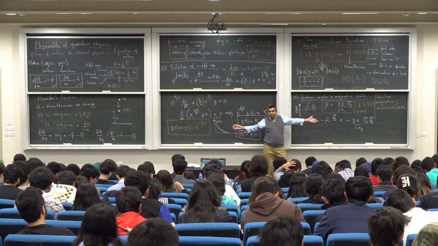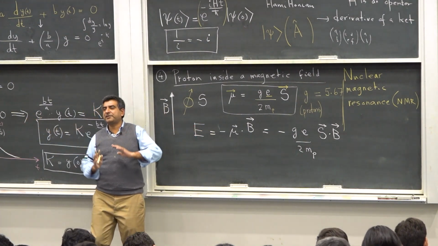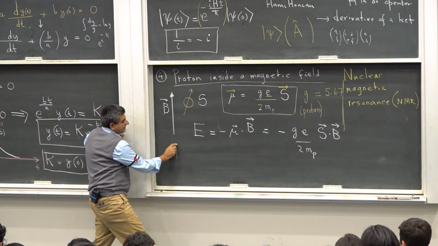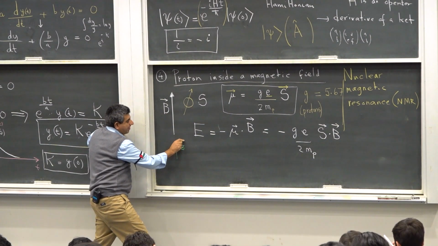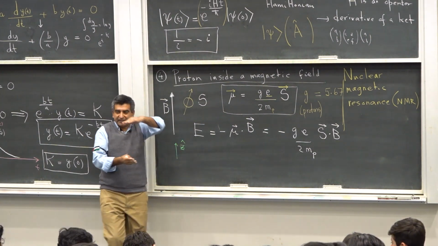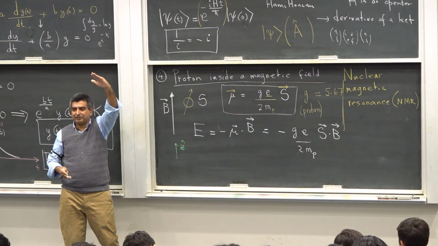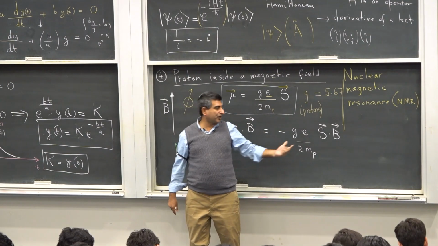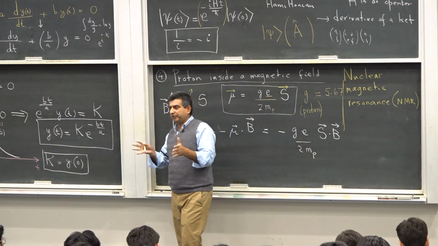Dot product. Now what direction is the magnetic field pointing in? Suppose this is my Z direction. My magnetic field is pointing in the Z direction. This angular momentum is also a vector. So what will this dot product equal to?